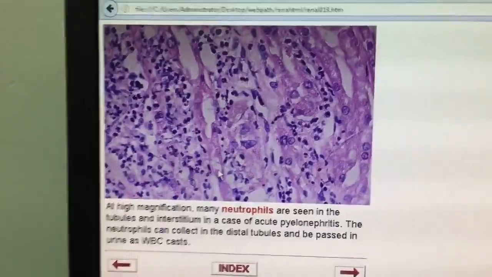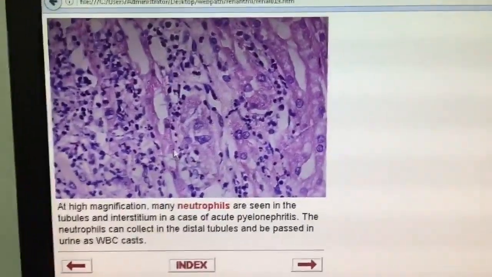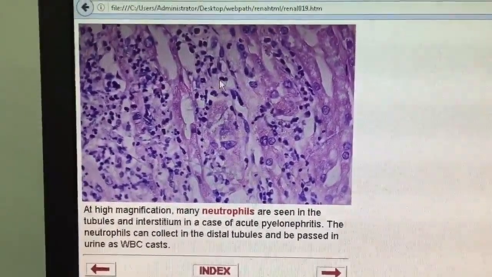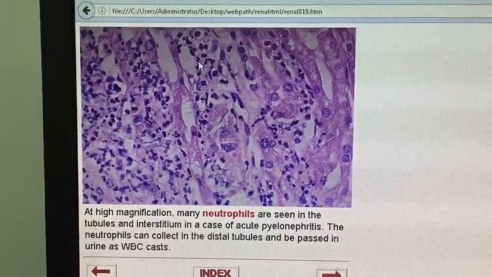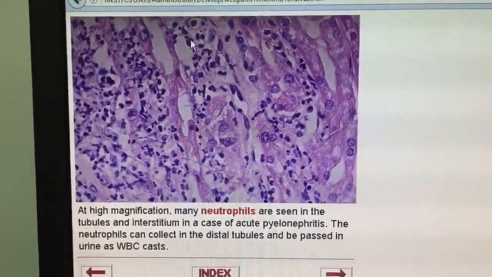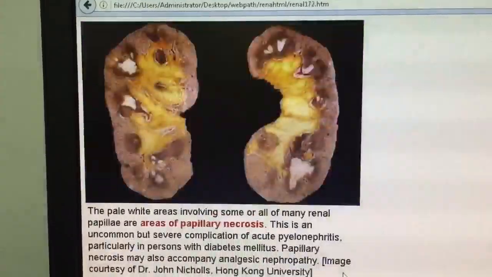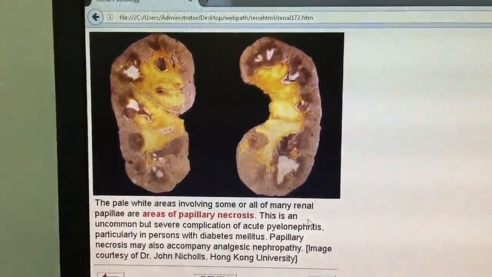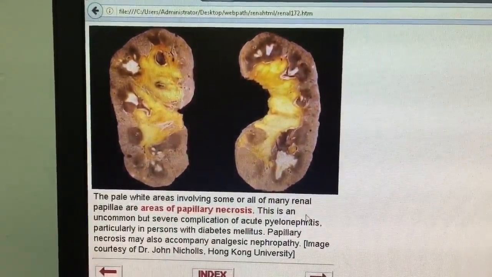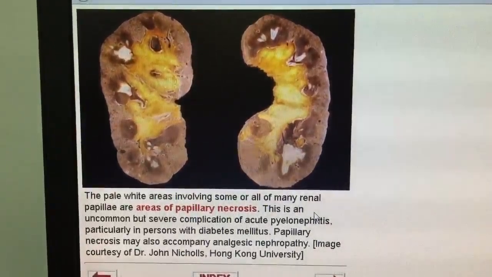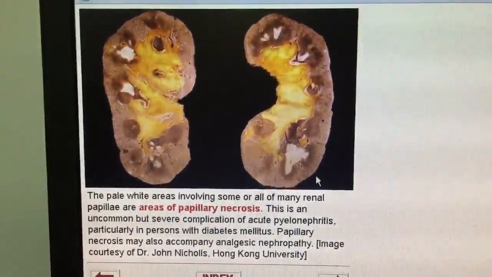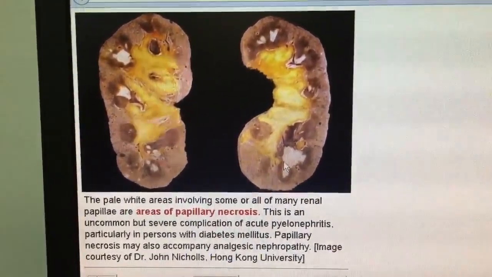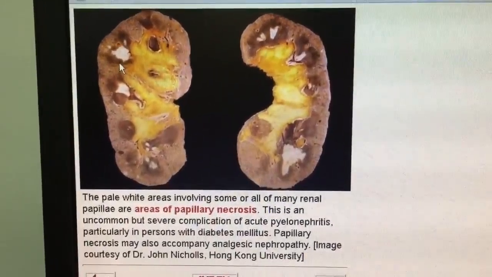On high power examination, the predominant cell type here is the neutrophils, characterized by the lobated or multilobated nuclei. As a complication, papillary necrosis might occur, which is represented here by these triangular white lesions replacing the renal papillae.